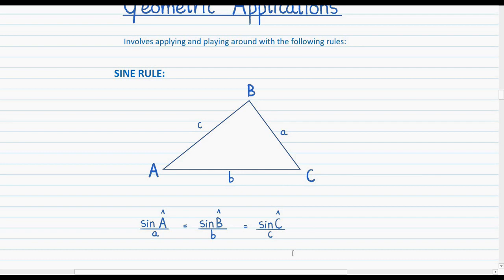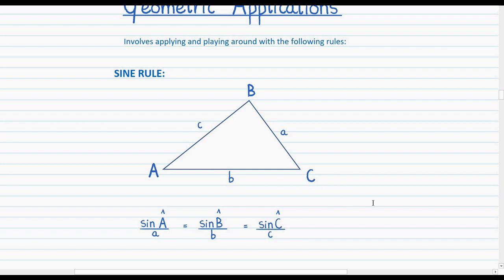So what the sine rule says is that sine of the angle at A over the side opposite this angle, which I labeled as lowercase a, is equal to sine of the angle at B over the length of the side opposite that angle, which I labeled as lowercase b, which will also be equal to sine of the angle at vertex C over the length of the side opposite that angle, which is lowercase c.